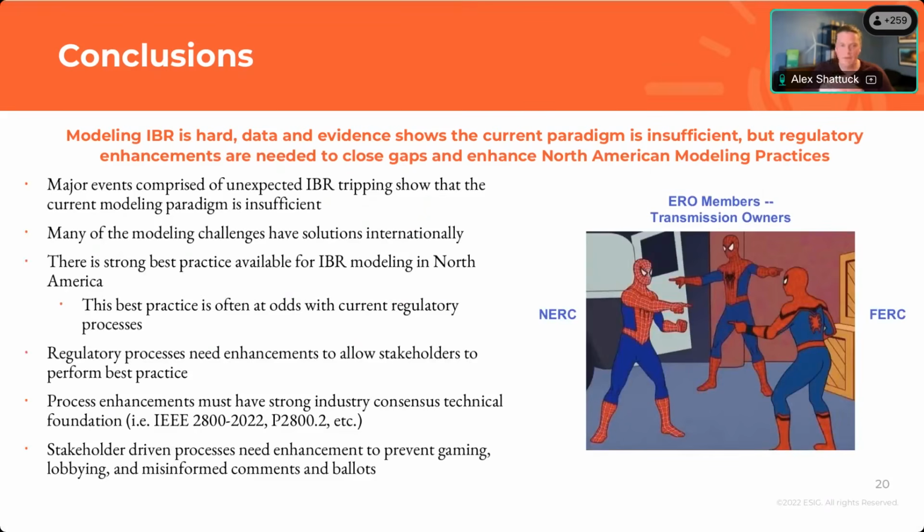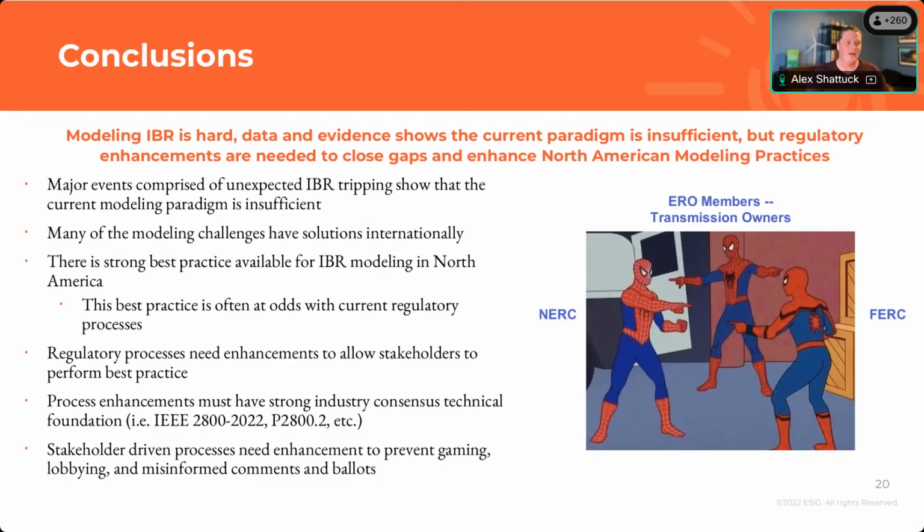So all of that leads me to conclude here that modeling is hard. Data and evidence show that the current paradigm is insufficient. We need to make regulatory enhancements to close these gaps and enhance North American modeling practices. Probably didn't need to capitalize modeling practices, but it's important. We'll name it a term here, and enhance those things, right?